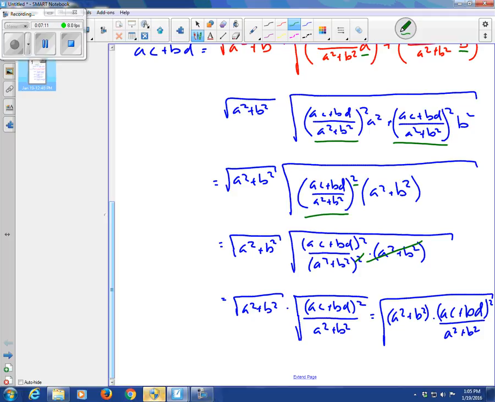And now right here we're also multiplying two square roots, right? So that means that the square root of A squared plus B squared we've got right here can actually be multiplied under one square root, right?